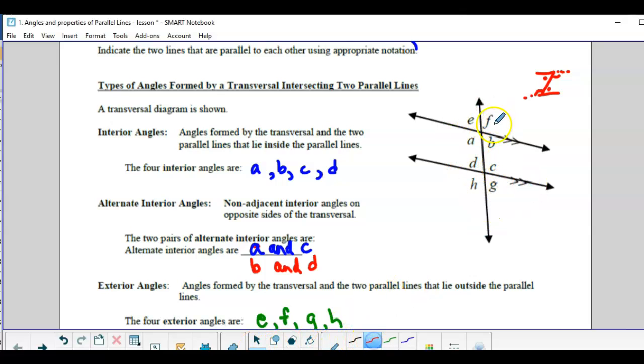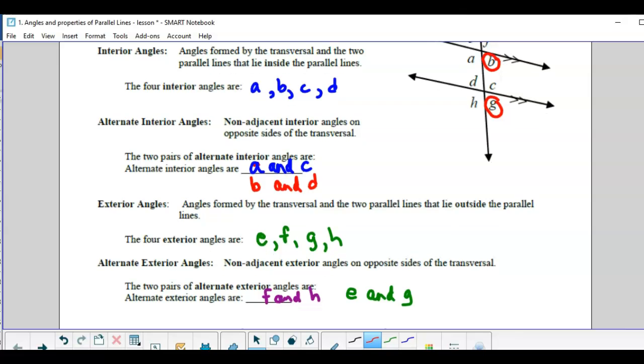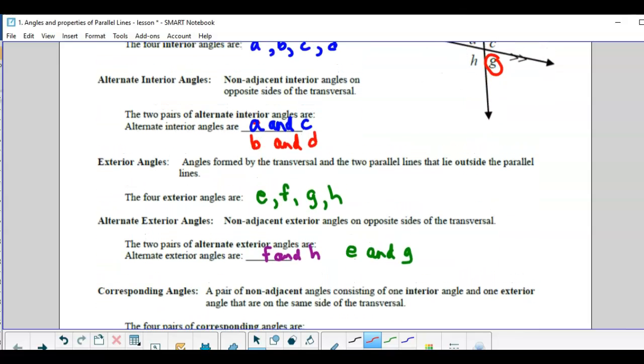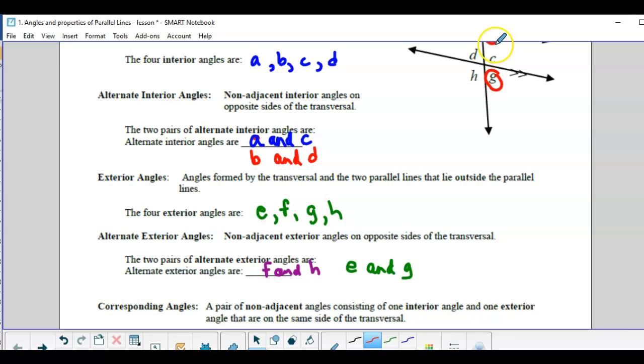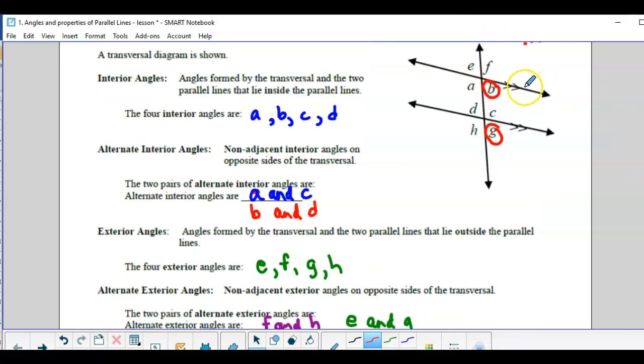Basically, that means they're on the same side of the transversal, and they're on the same side of each parallel line. So if this one's below a parallel line, then this one is below a parallel line. It says a pair of non-adjacent angles consisting of one interior and one exterior. There's the interior, there's the exterior on the same side of the transversal.